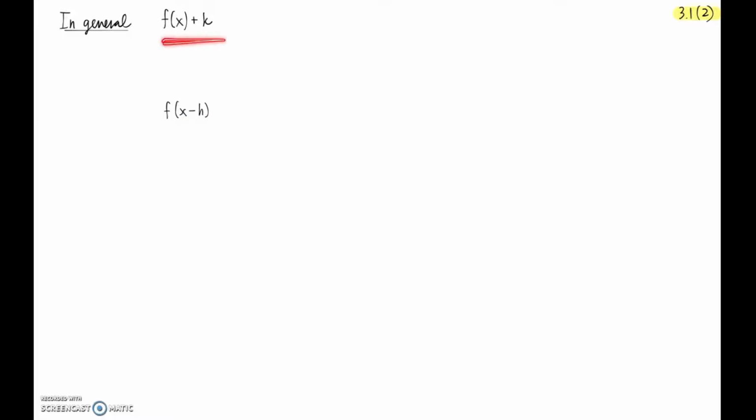So let's start with this guy right here. This we recognize is going to be some sort of vertical shift. So f of x plus k is the graph of our function f, that's sort of the parent function, shifted vertically. We know it's vertical because this constant gets added on at the end or outside of the function. And how many units does it get shifted vertically? k theoretically could be a positive or negative number, so we'll call it the absolute value of k units.